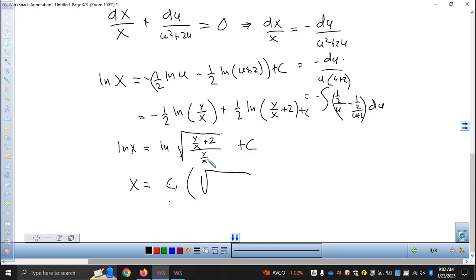If I rewrite all of this, finding a common denominator, I get y plus 2x over y. There are other ways we could write this, but we will have an implicit solution for this one.